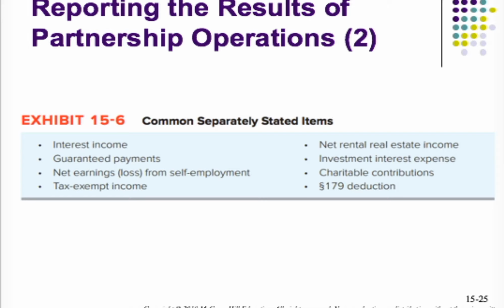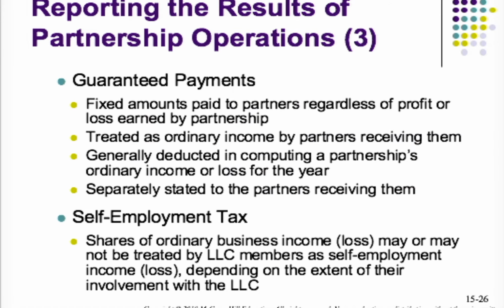These are just a non-exhaustive list of some separately stated items. Just as we talked about last week, sometimes there are going to be guaranteed payments where an individual partner receives X amount of dollars right off the top before other components of partnership income are divvied up.